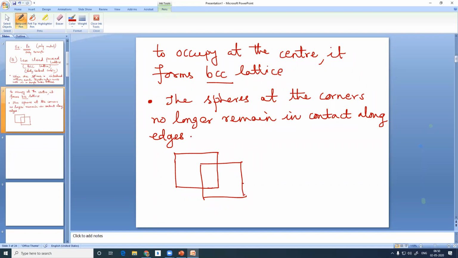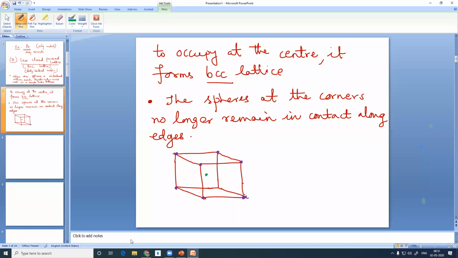I want to make it a big one with a lot of things which are not in your course. If we draw the point model just to locate the centers of the spheres, these are the positions of the centers, and one will be at the body center. This one you have already drawn. This is BCC.